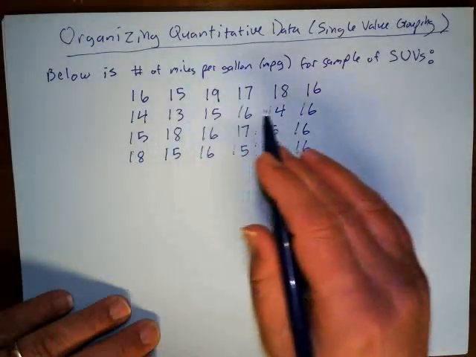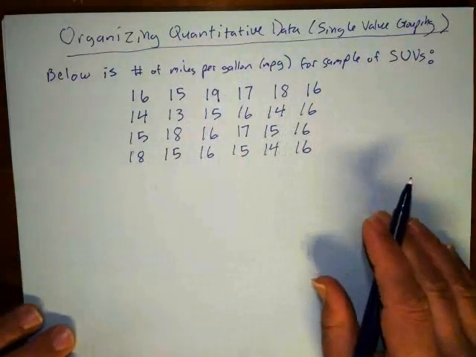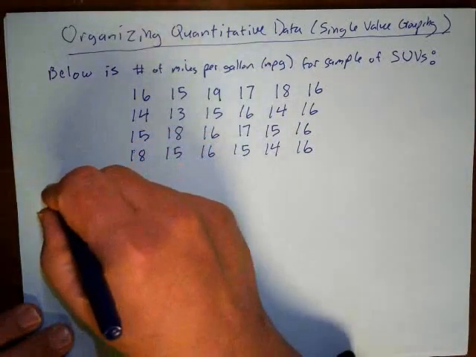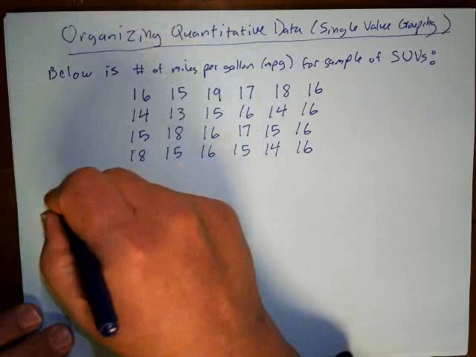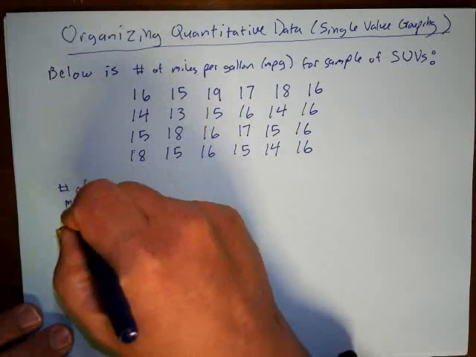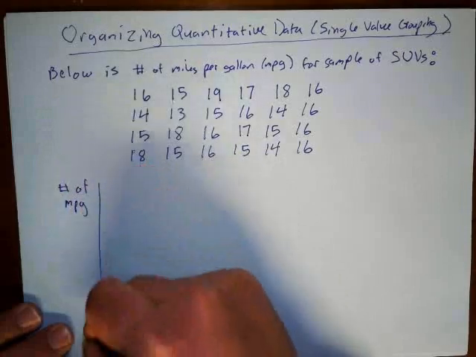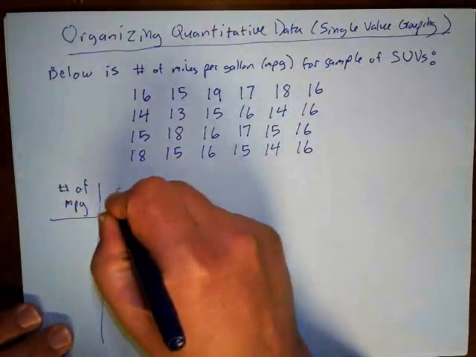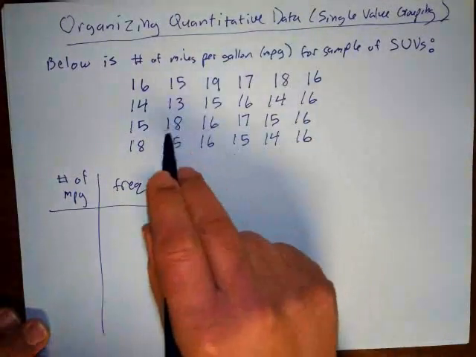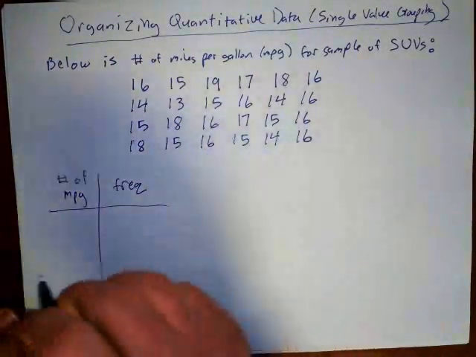So this is the number of miles per gallon for a sample of SUVs, right? My table here would have number of miles per gallon, and this would be the frequency. In this case, I think the minimum is 13.